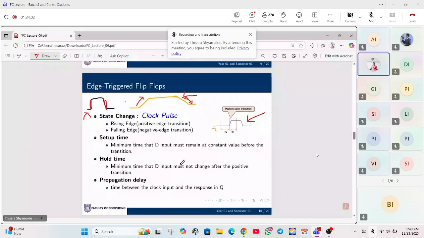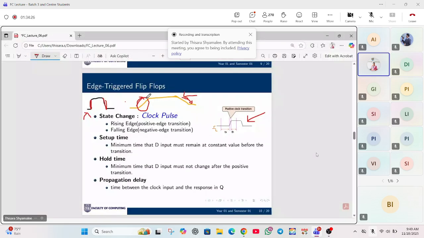Okay, so the first term is the state change of the clock pulse. State change is the rising edge and the falling edge. The rising edge is this one. This part we call the rising edge, that is the positive edge transition.